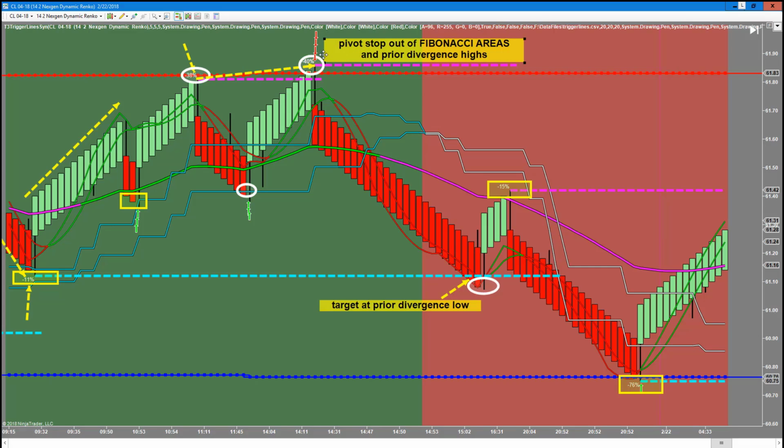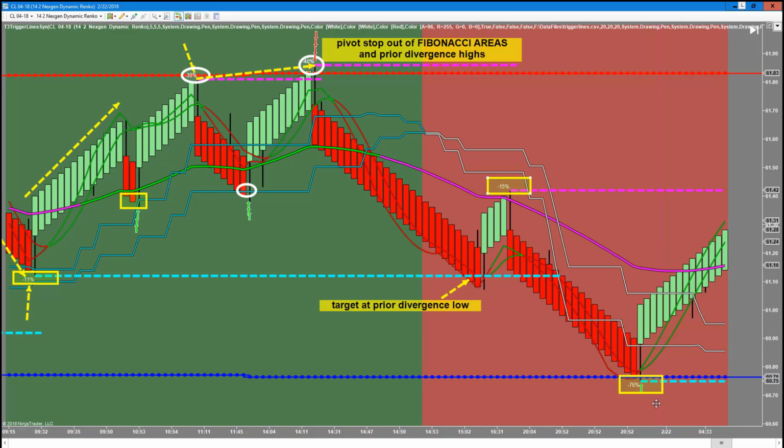Then you'll recognize pivot stop outs at the edges at Fibonacci resistance for the first attempt to go the other way. And then you'll recognize, again, the trend is down and the synthetic triggers are down and the small triggers are below, so resistance areas hold and take us down to support.